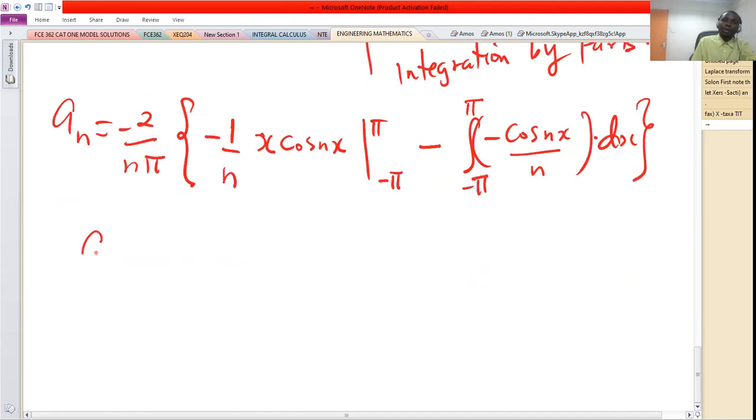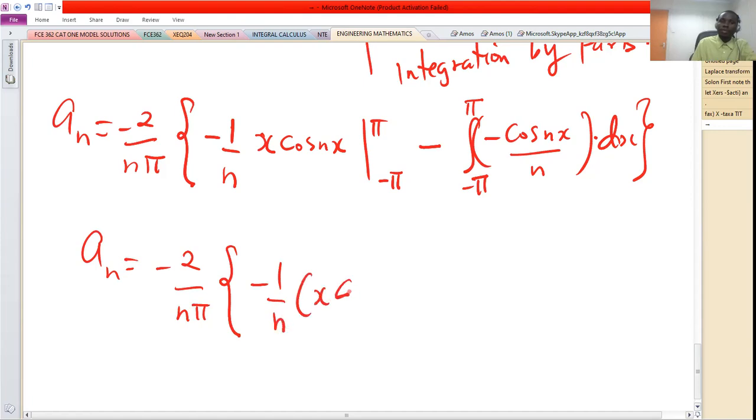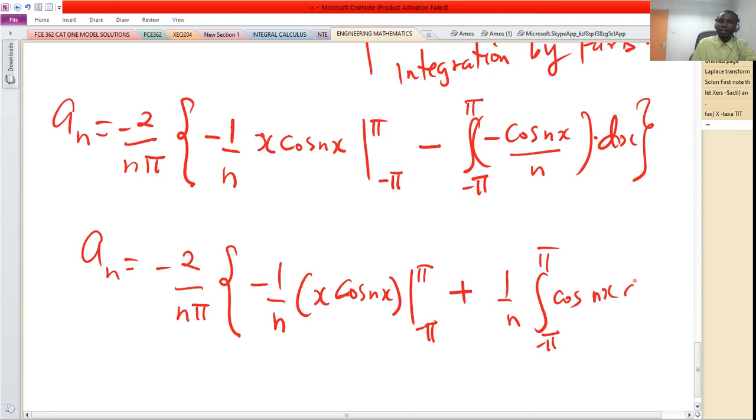So an would be minus 2 over n pi into minus 1 over n x cosine of nx from minus pi to pi, and then plus 1 over n, a factor of 1 over n because it is constant, integral from minus pi to pi of cosine nx dx.